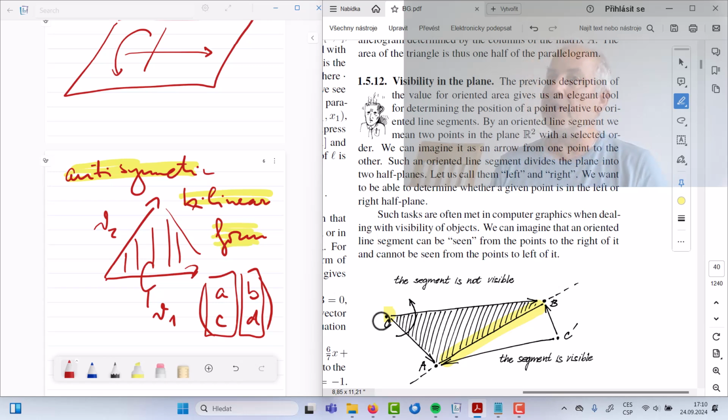And that's the same thing as discussed visibility, and you can see it easily by computing the area via the determinant. You just adopt the convention that from one side you see the segment, and that would correspond, say, to positive determinants, and from the other side you don't. And that's exactly what's used for visibility, right?